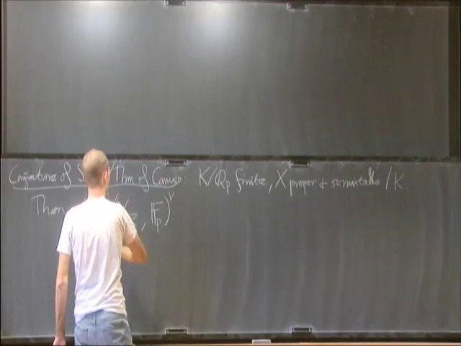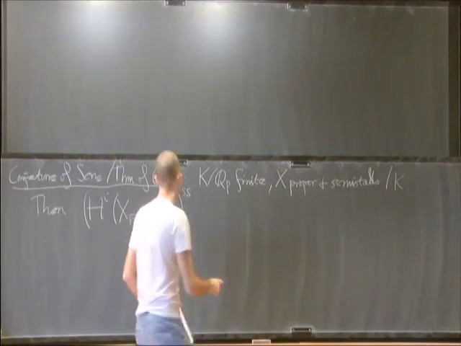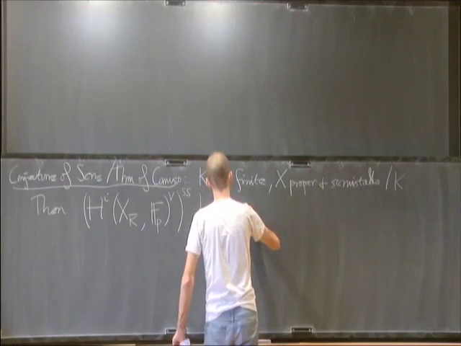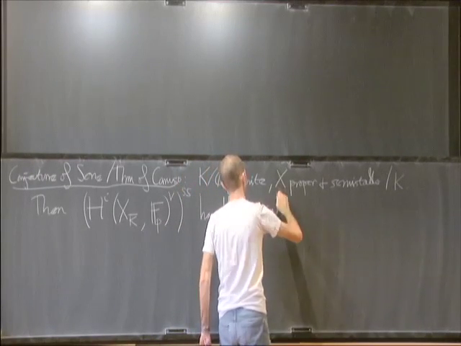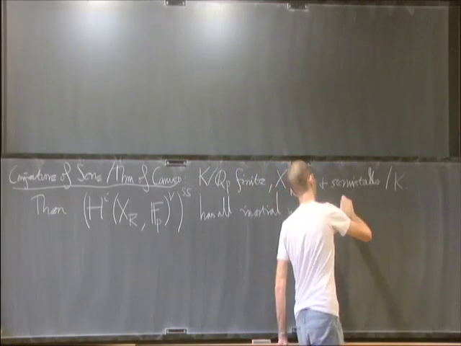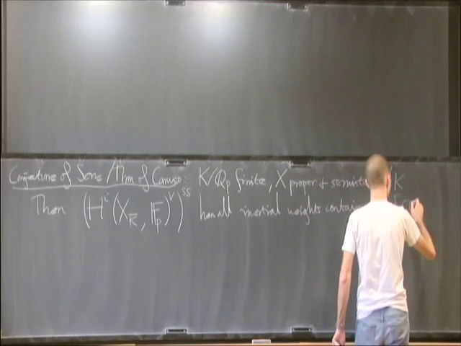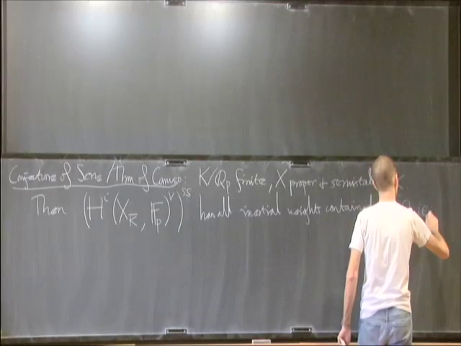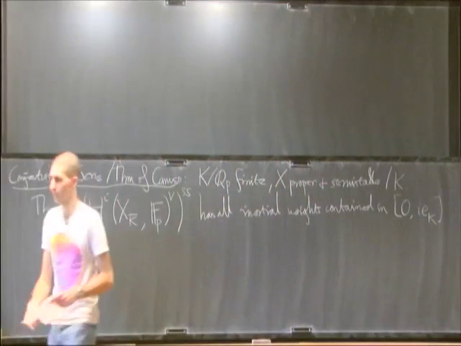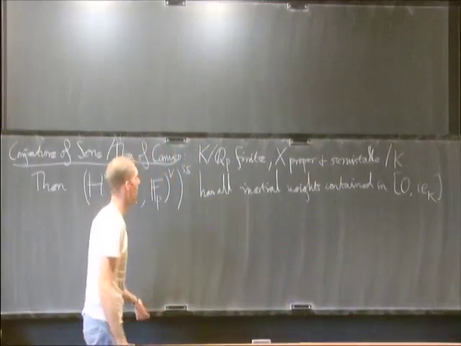Consider its dual, and maybe semi-simplify just to make the definition easier. And then it says that this has all inertial weights in some bounded range. I'll explain what that means in a moment. So contained in the range 0 up to i times e_K, where e_K is the absolute ramification index of this field K. So what does this mean?